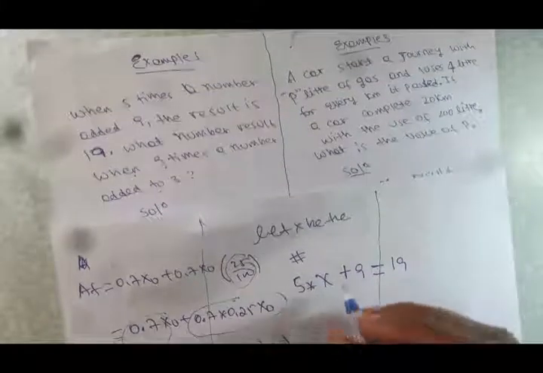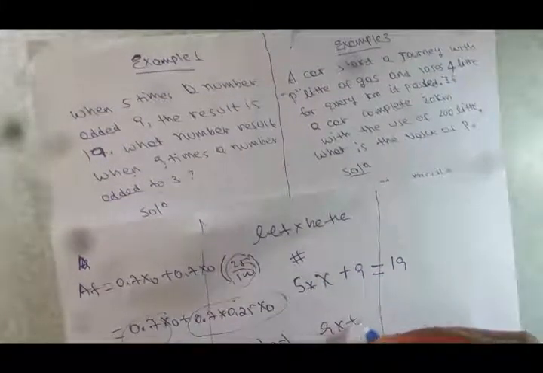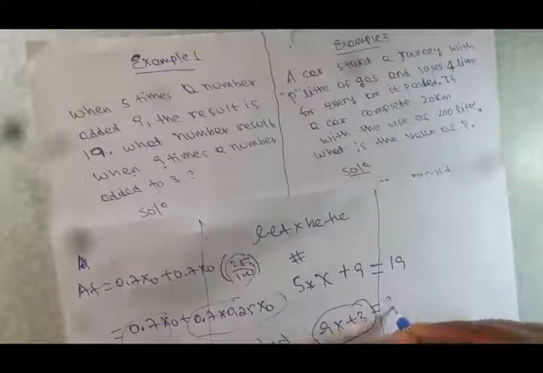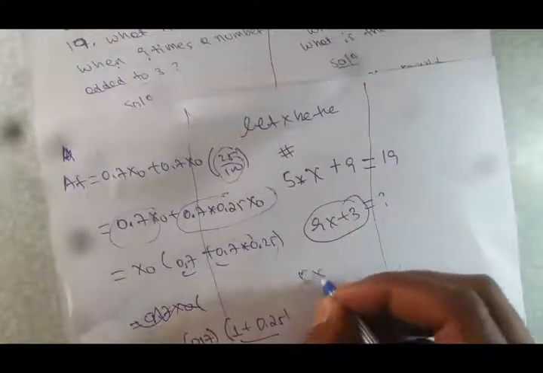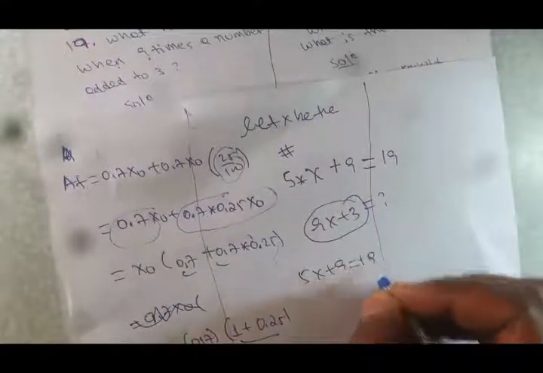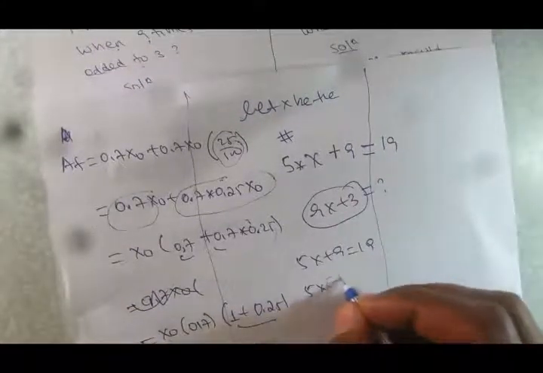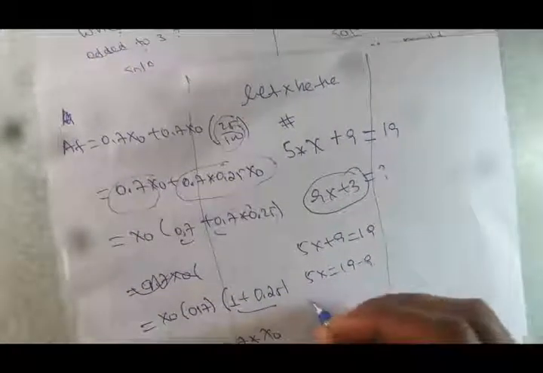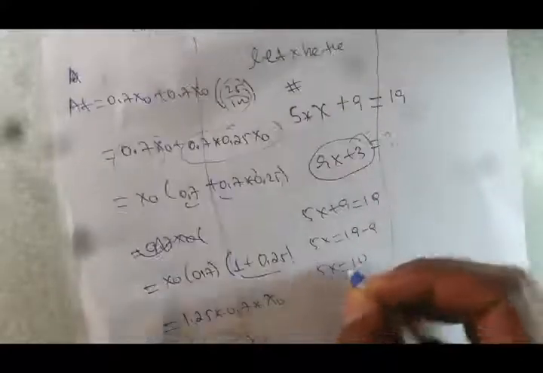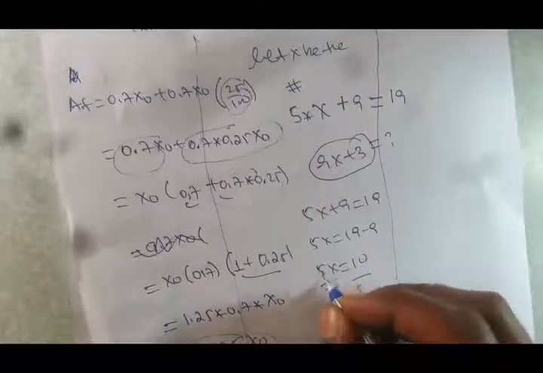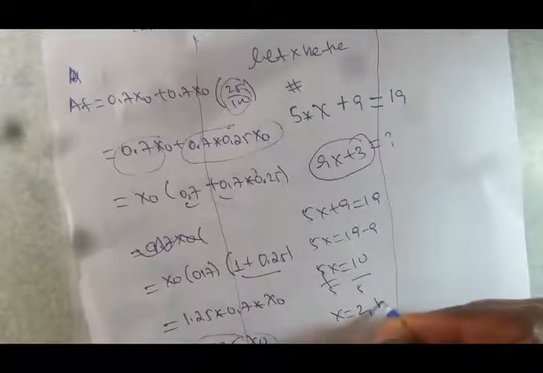What number results when 9 times x plus 3? We are asked to find 9x plus 3. Solution: 5x plus 9 is equal to 19, given. Therefore 5x is equal to 19 minus 9, which is 10. Dividing by 5, the value of x is equal to 2.